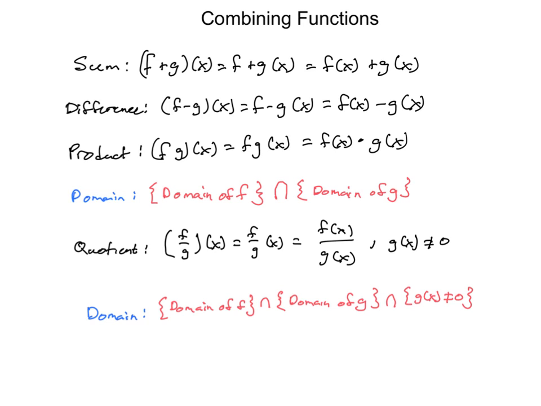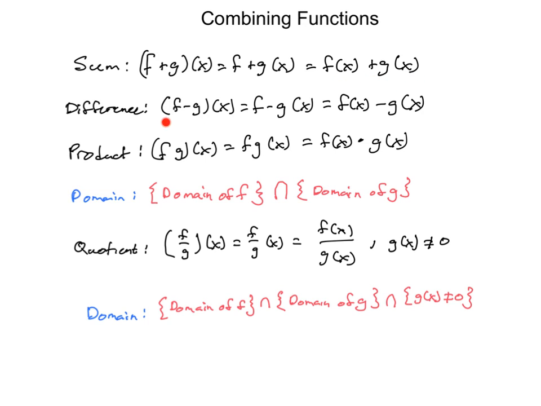When we talk about the sum of two functions, the notation often is (f + g)(x). I've also seen it written as f + g of x, and I've also seen it as just f + g. Sometimes I'll write that as well. All of that means you're going to take f of x and add g of x.